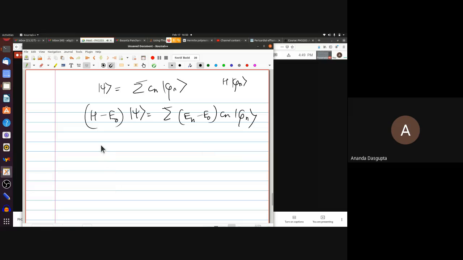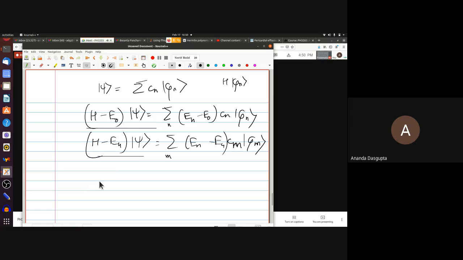And H minus E4, for example, would be simply En minus E4 times Cn phi n. Or you may want to write Cm phi m because you want to take an overlap of these two soon. Now if you take the bra corresponding to this and hit that by the ket corresponding to this, or basically take the inner product of these two vectors, that's exactly what it means. That is, you take the inner product of H minus E0 psi and H minus E4 psi.